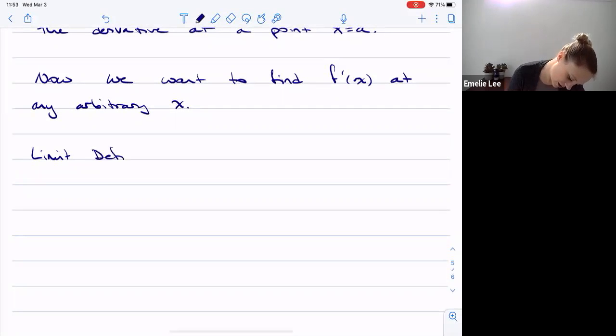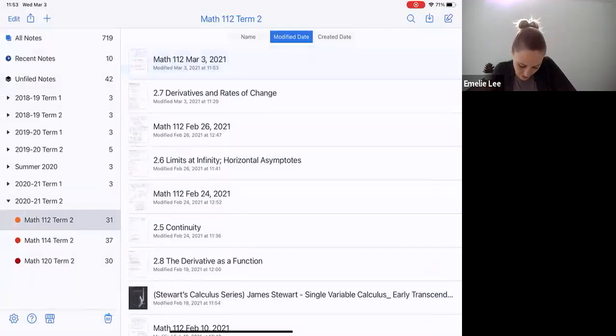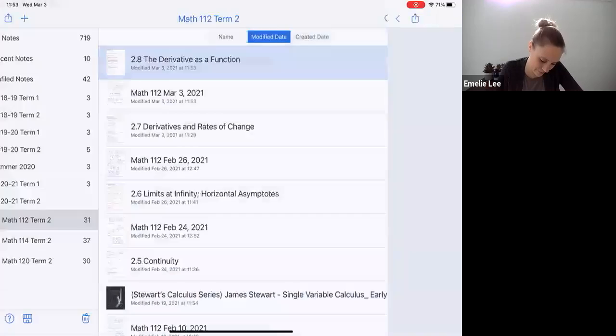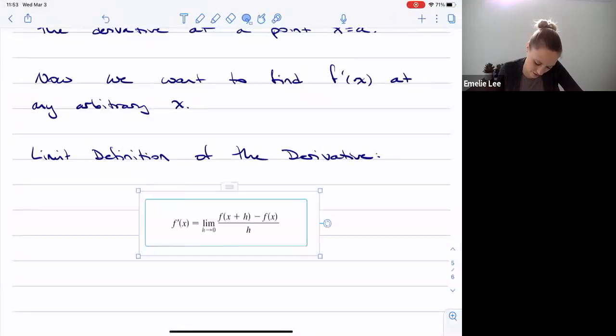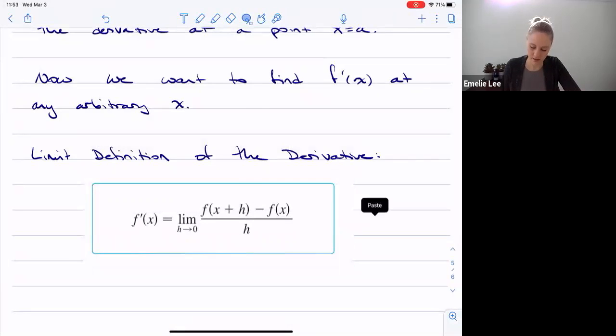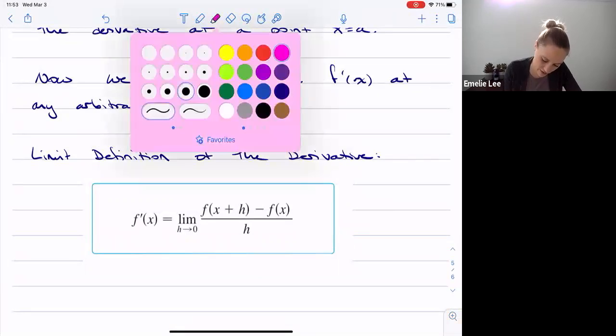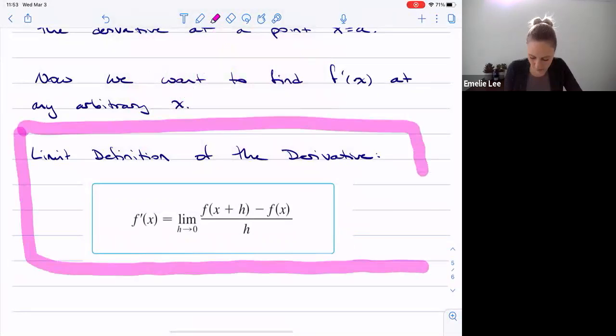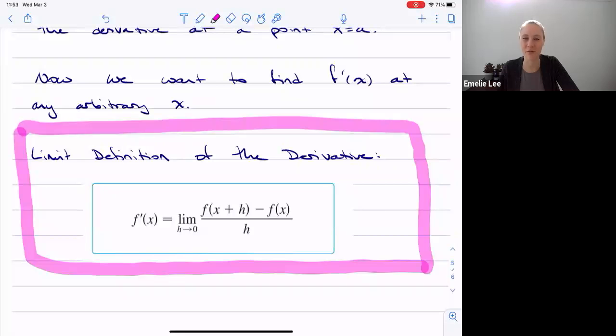So here, I'll do a little headline: the limit definition of the derivative is in our notes at the very top, and I'll make it nice and big. I'm also going to highlight around here because we definitely make you use the limit definition of the derivative.